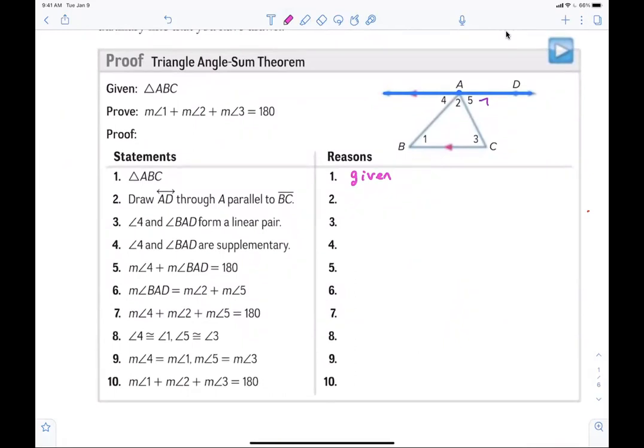Now it says draw AD through A parallel to BC.